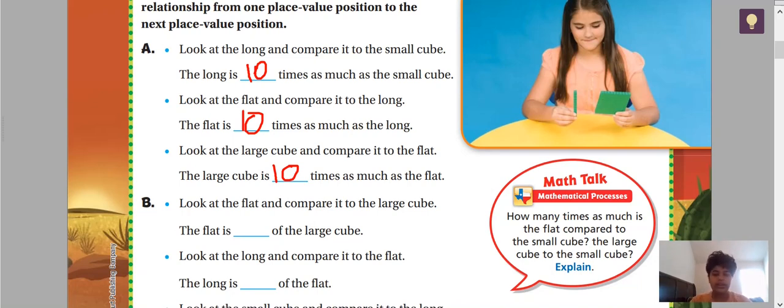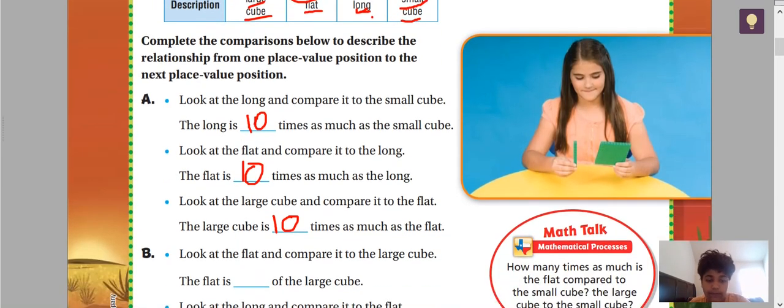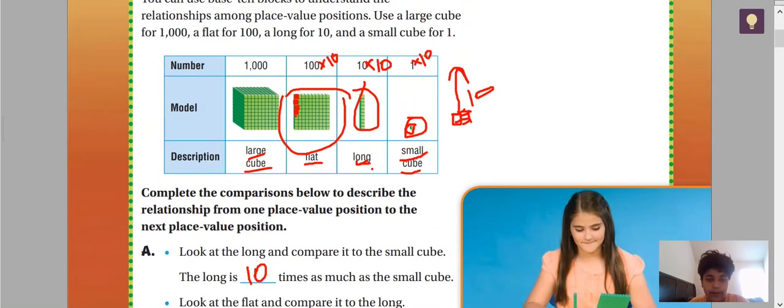This can be a little tricky since we were comparing a large cube to a flat. We were comparing a small cube to a long, then a long to a flat, and then a flat to a long. Now we're going the opposite way.